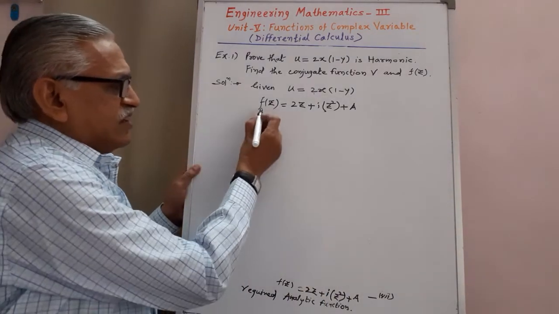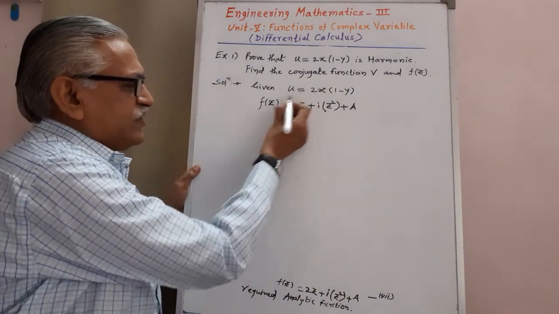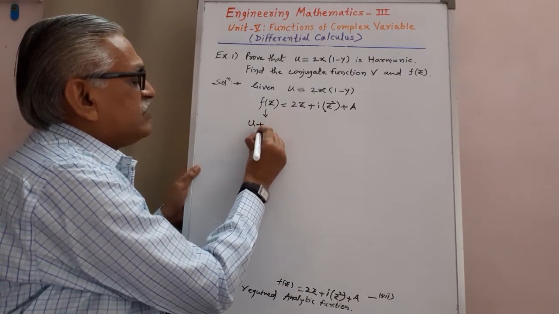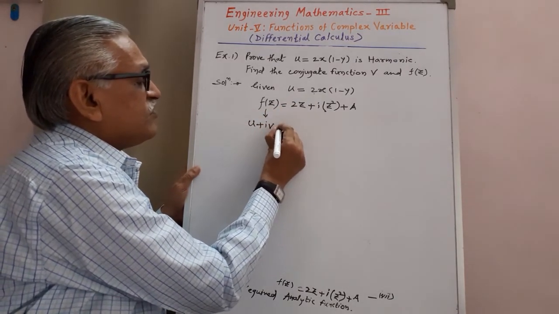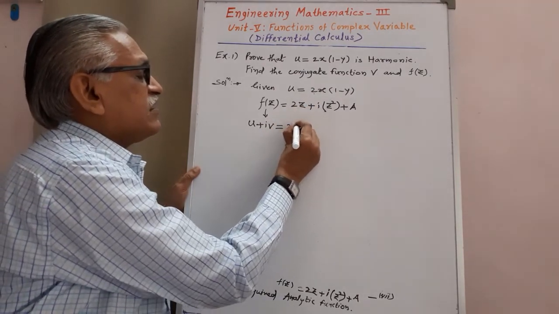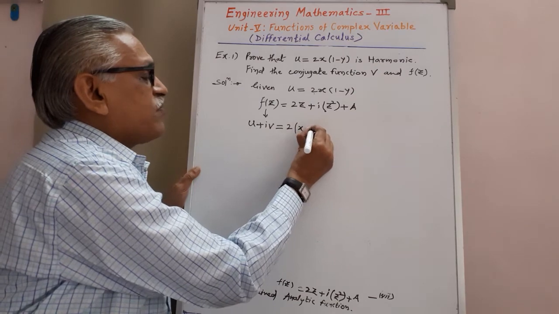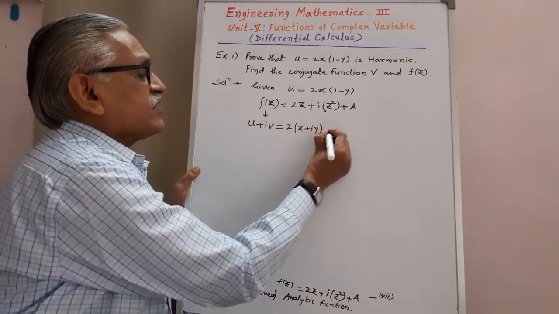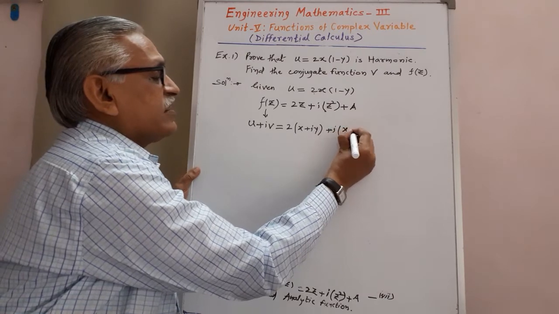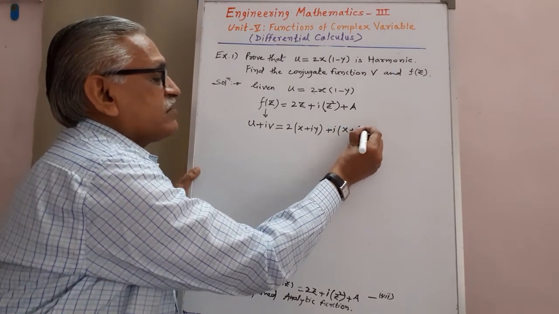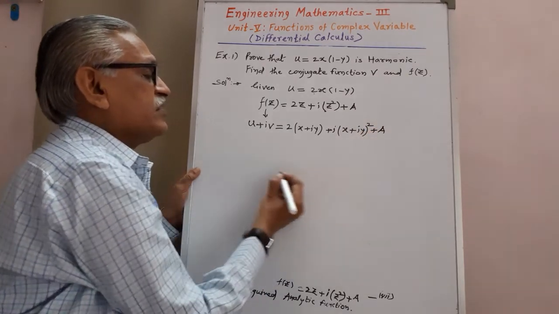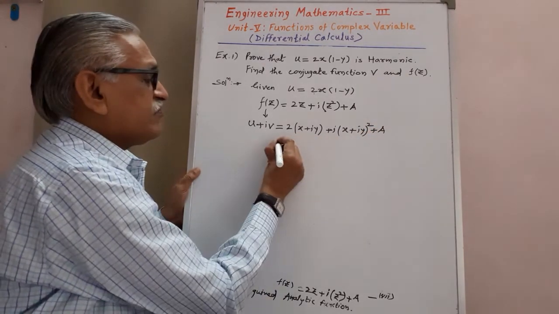To find that conjugate function v, we put f(z) as u plus iv, the general form, and on the right hand side we put z as x plus iy, a complex number, plus i times z squared, it is (x plus iy) squared plus that constant A, and then simplify it.